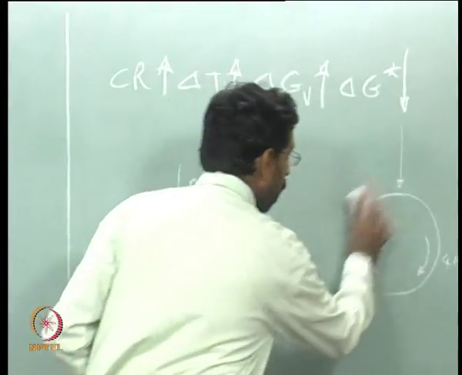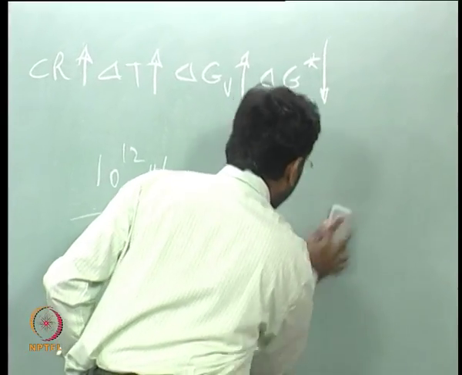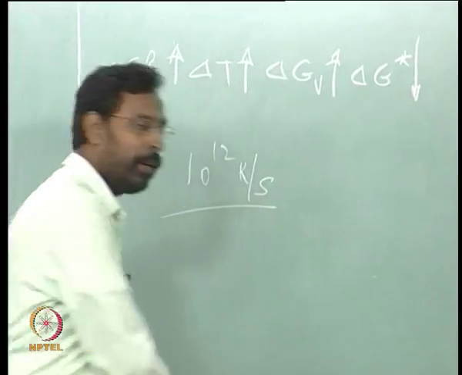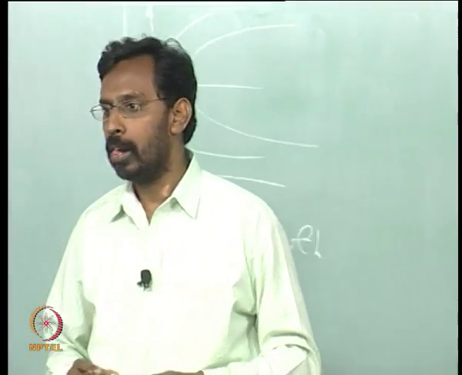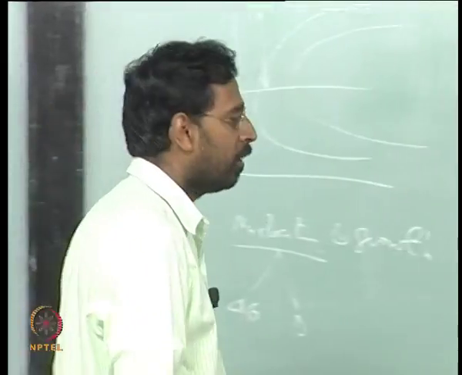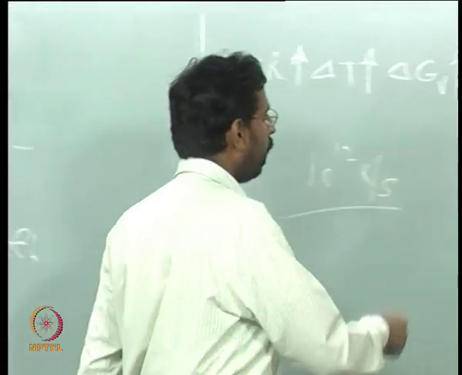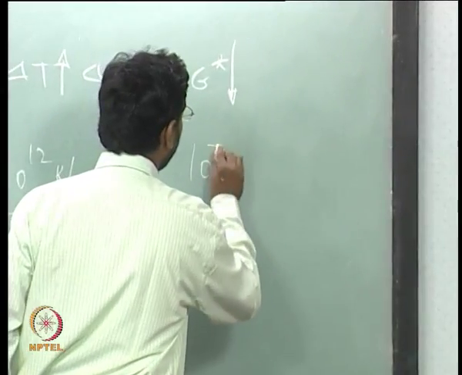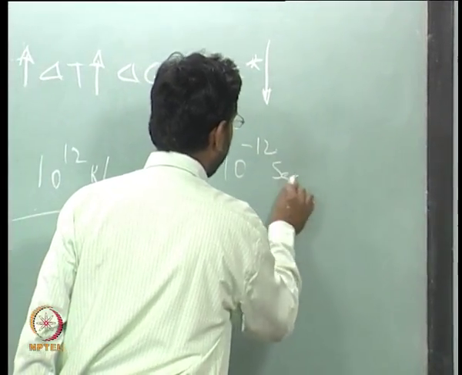Laser. If you use laser, for example, have you heard of picosecond laser? Picosecond laser, nanosecond laser, okay, pulsed lasers. In a pulsed laser, a picosecond laser basically means it is active for 10 to the power minus 12 seconds.